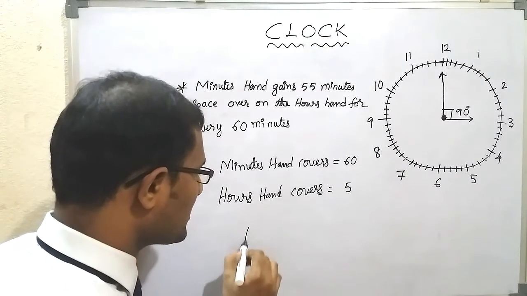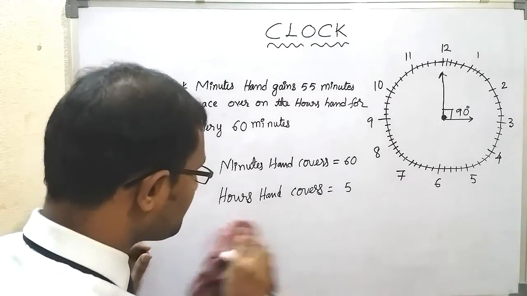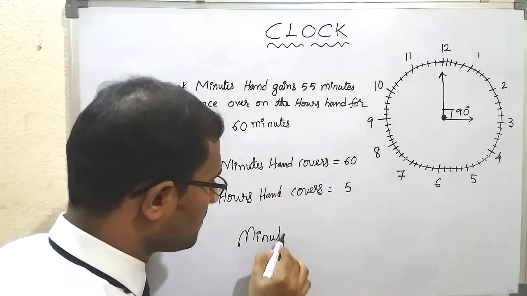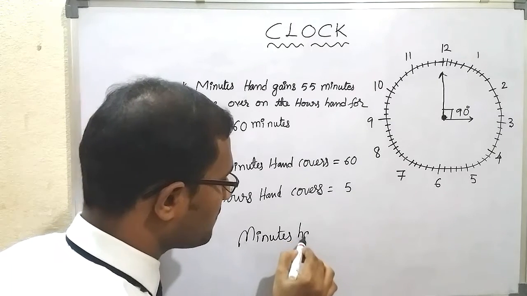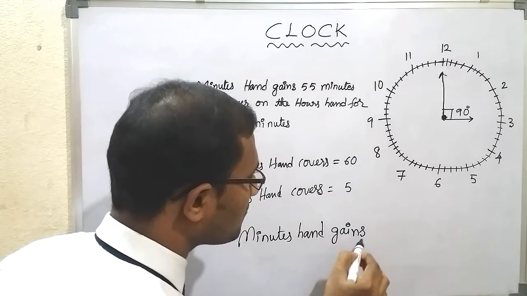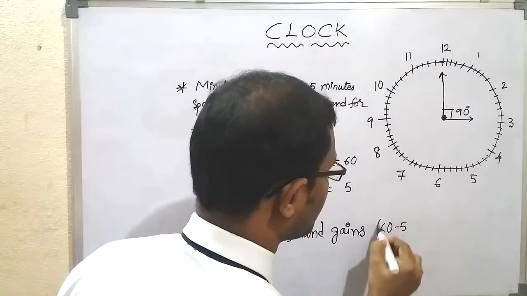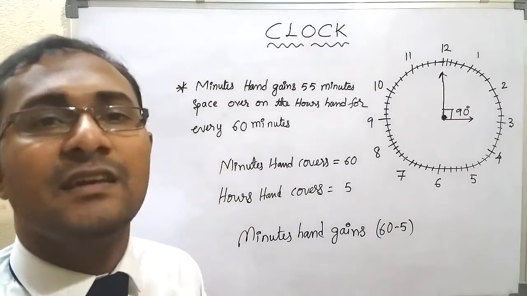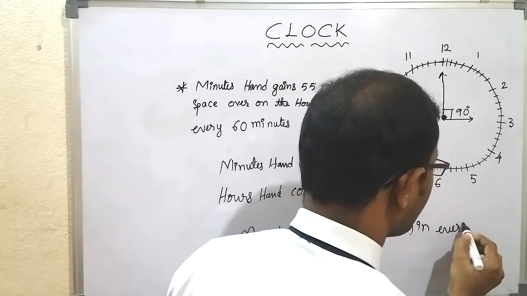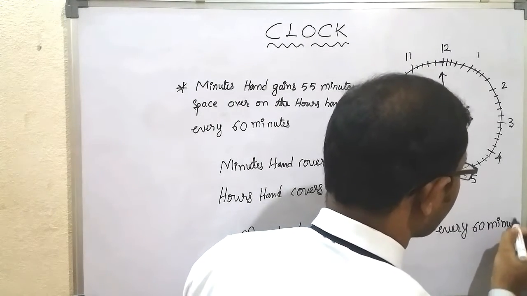So the minutes hand gains 60 minus 5 minutes space in every 60 minutes.